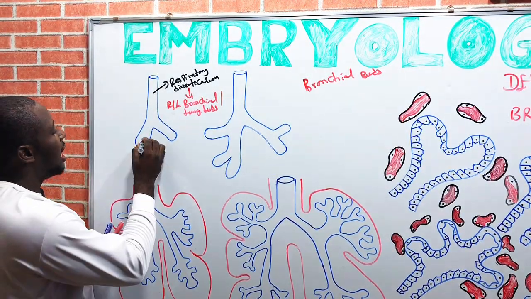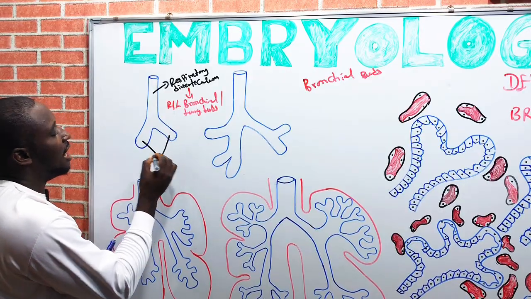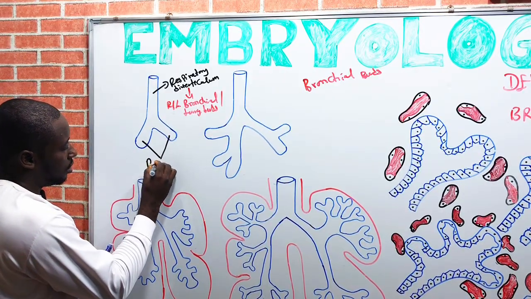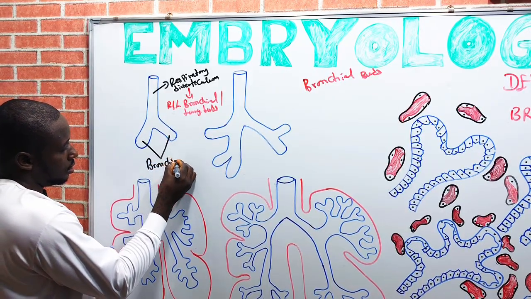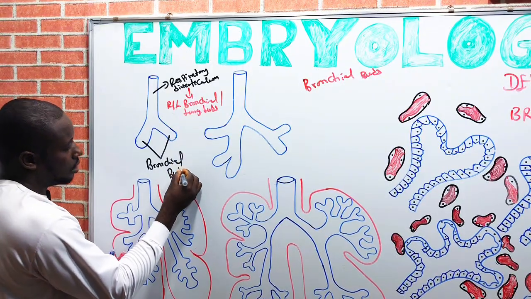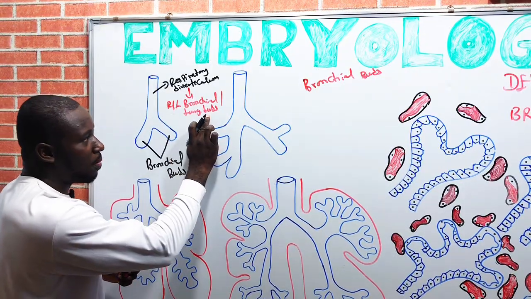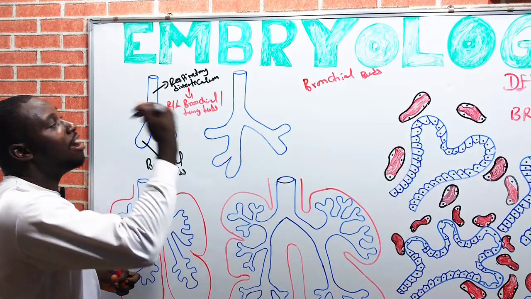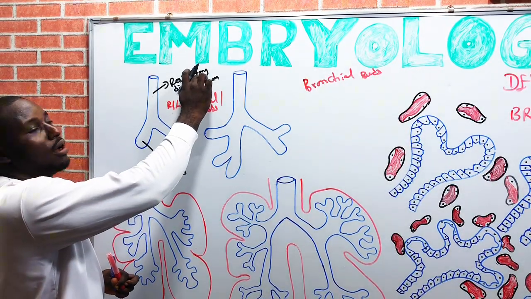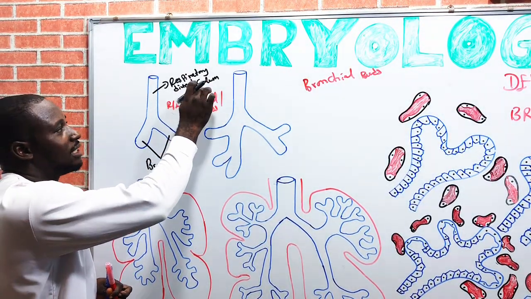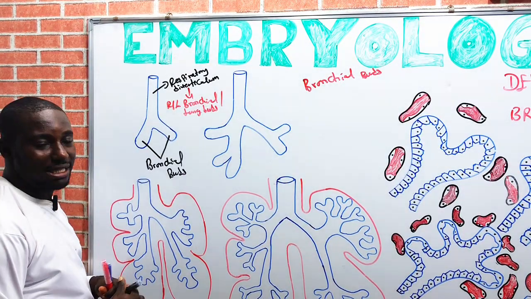Now, here are the right and left bronchial buds. Recall that the lung bud is quite different, although it evolved from the same origin, that is the respiratory diverticulum, as it enters the thoracic cavity.